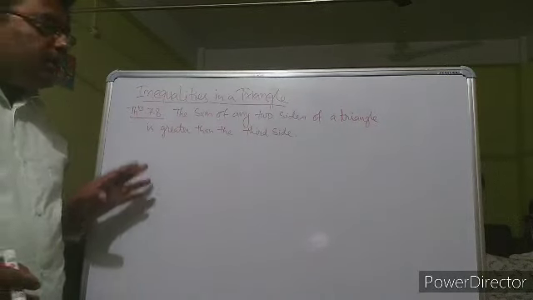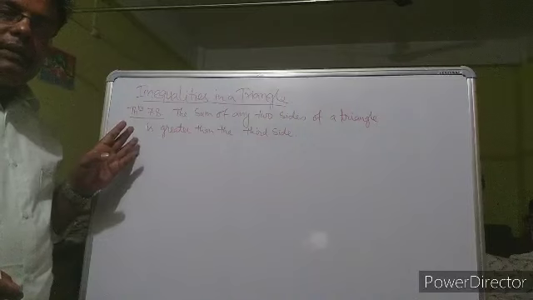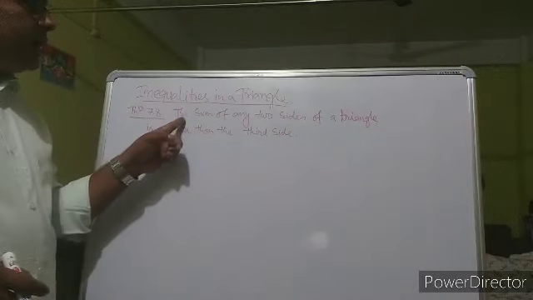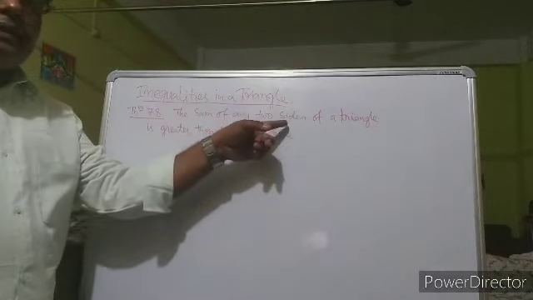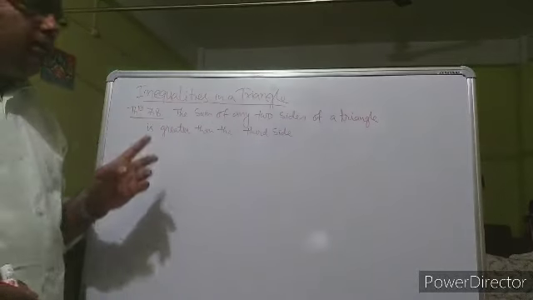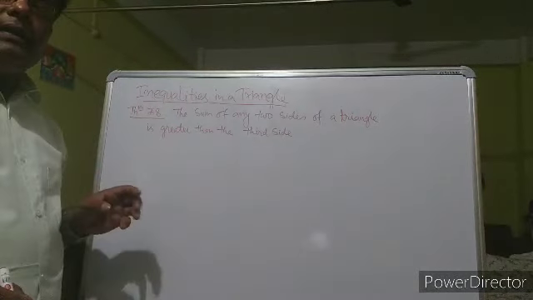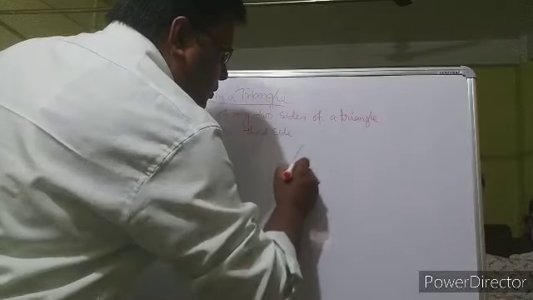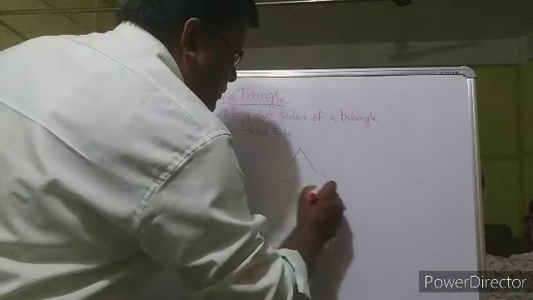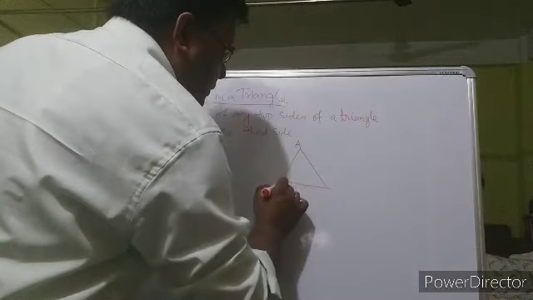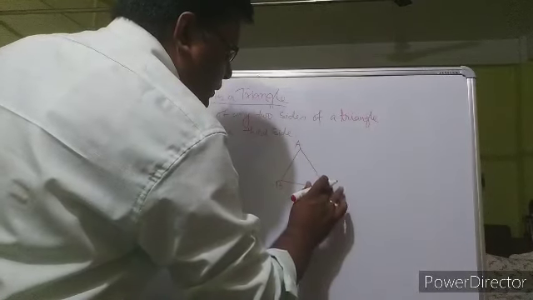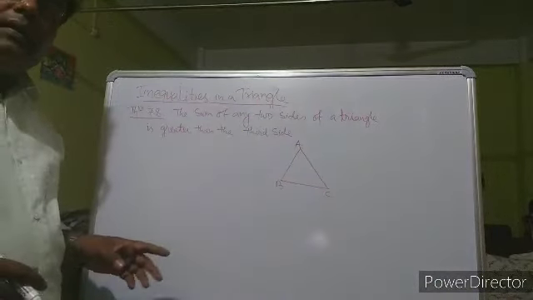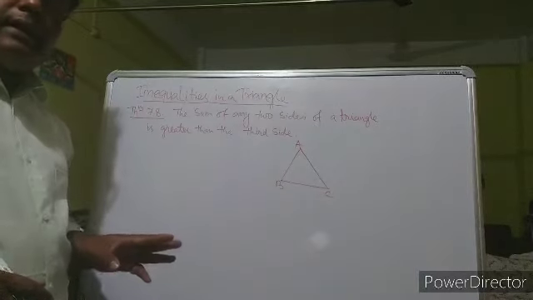Now see theorem 7.8. The sum of any two sides of a triangle is greater than the third side. That means if you draw a triangle, suppose triangle ABC, the three sides are AB, BC and AC.